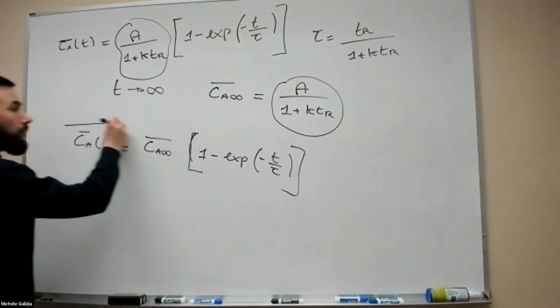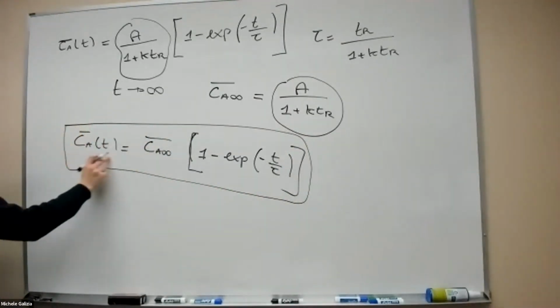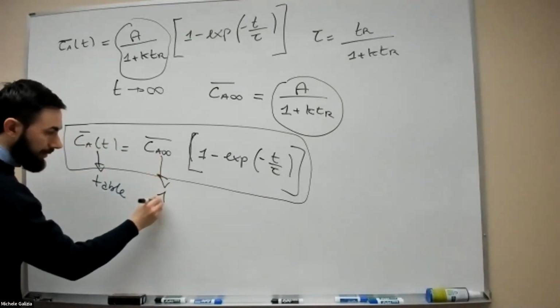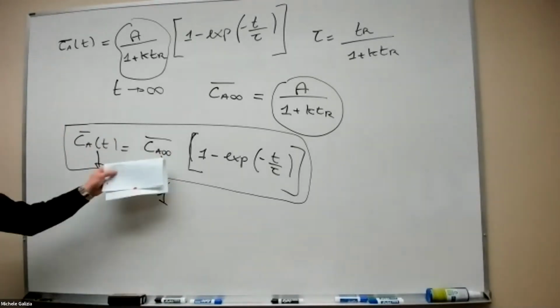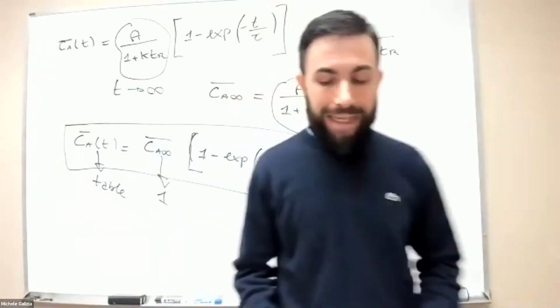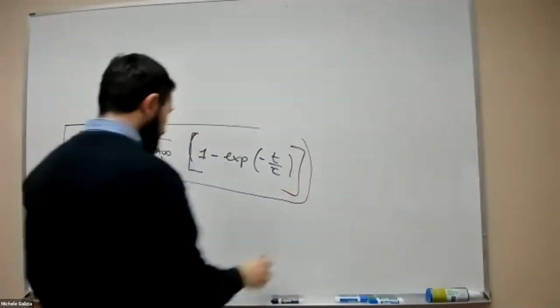So we have arrived at this point. We have CA as a function of time, and we have these values in the table. We have to find the kinetic constant. Let me manipulate this expression a little.